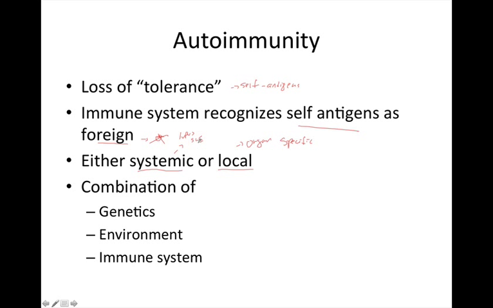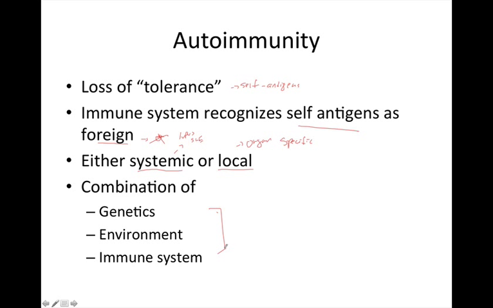They range from systemic to local, and this is the hard part about autoimmunity, because realistically, to this day, the exact mechanisms are still unclear. We do have a good vague understanding of it, but there's still a lot of work to be done into truly understanding the causes and manifestations.